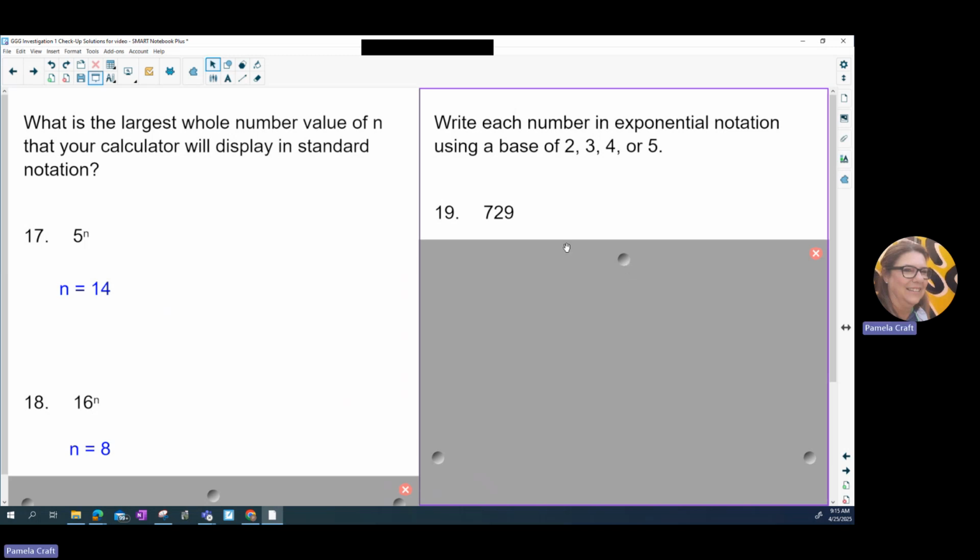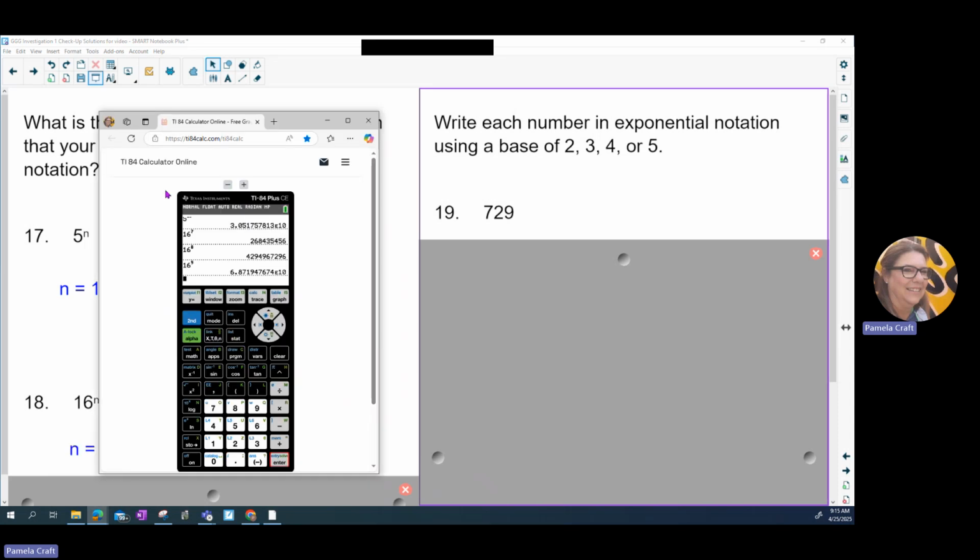For 19, 20, and 21, they're asking you to write the number in exponential notation with a base of either 2, 3, 4, or 5. So I opened my calculator and I went to my y equals and I put in all 4 of these as bases.